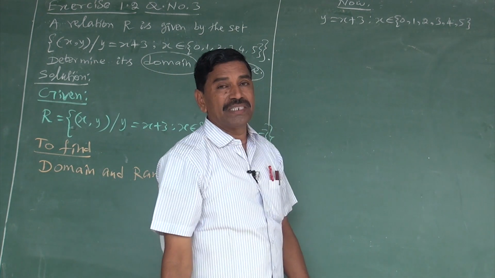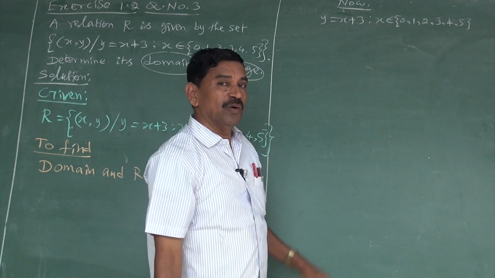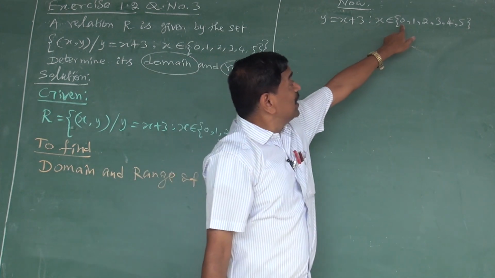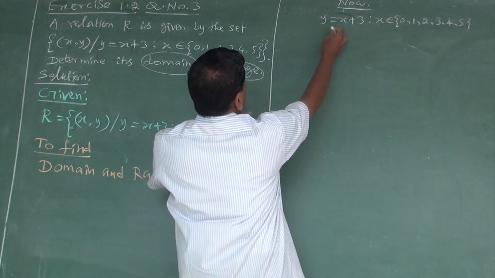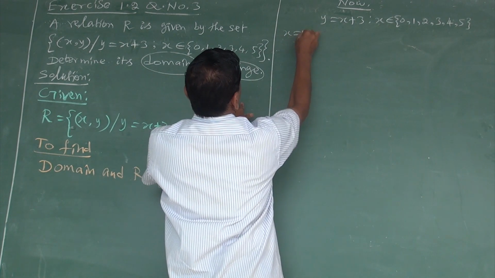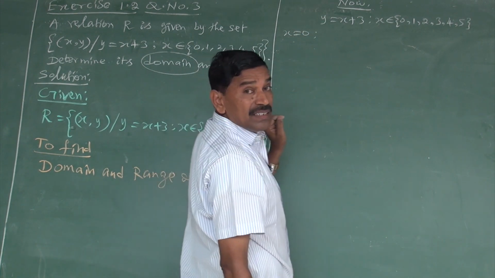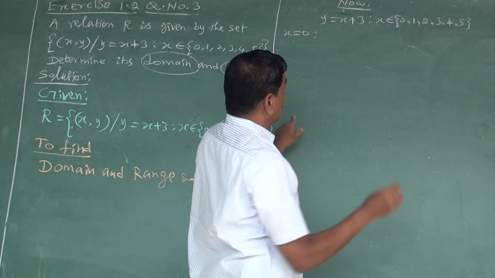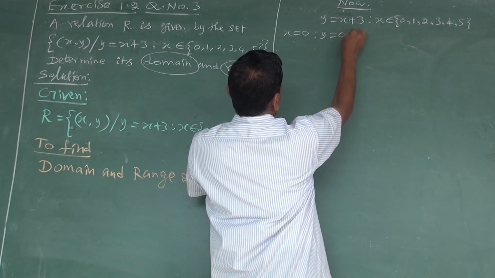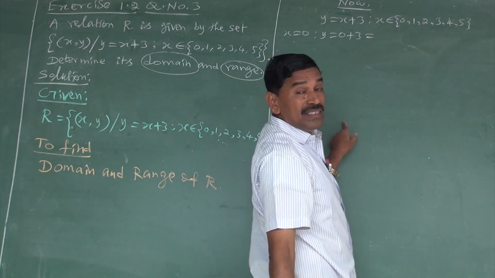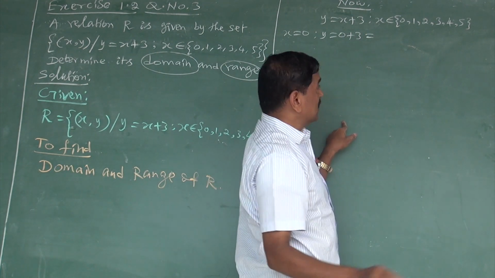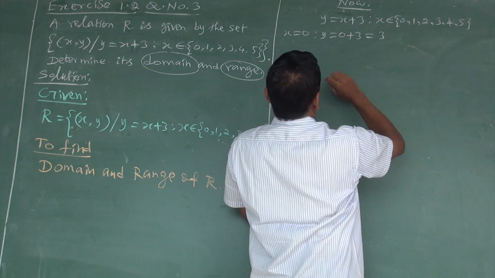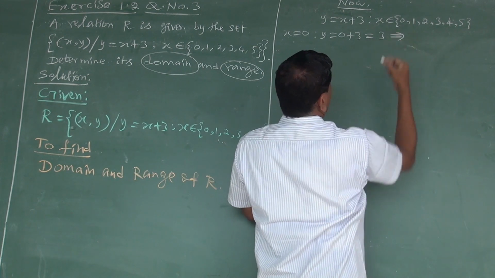Now try it yourself. When x equal to 0, such that y is equal to 0 plus 3, which is equal to 3. Now can you tell me the ordered pair?